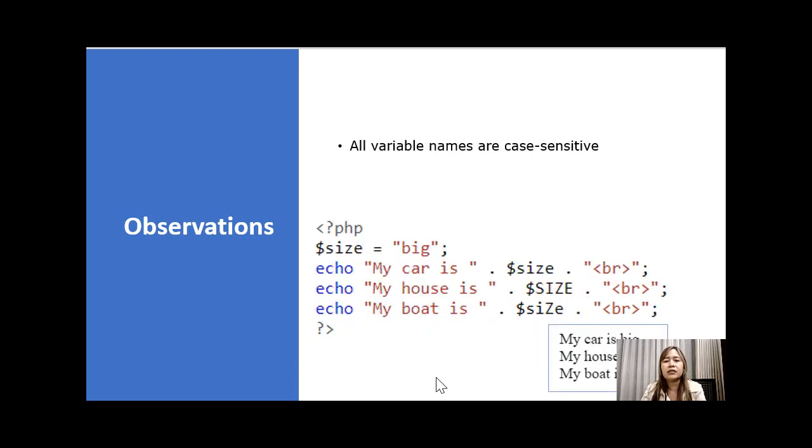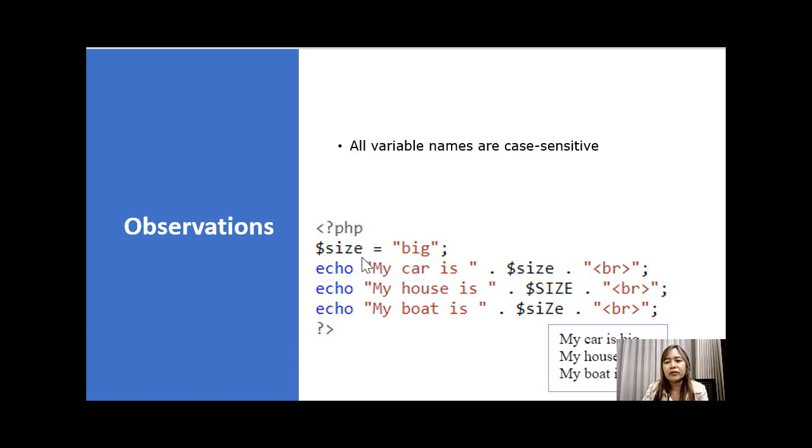Okay, now remember that in the future, because we will be discussing variables later on in this video, all variable names are also case sensitive. So if you're going to define size, for instance, the way you define variables in PHP is by preceding it with a $ sign and then the name of the variable.